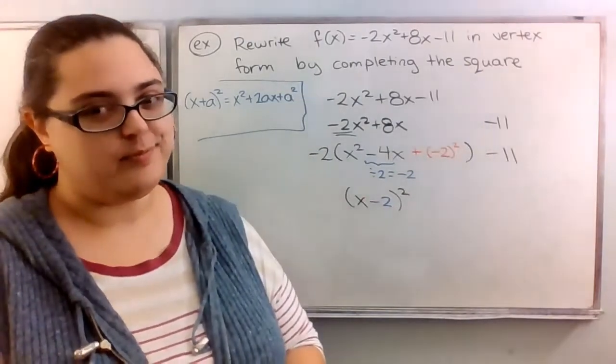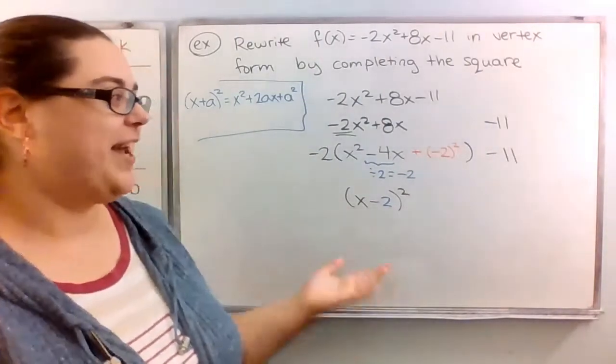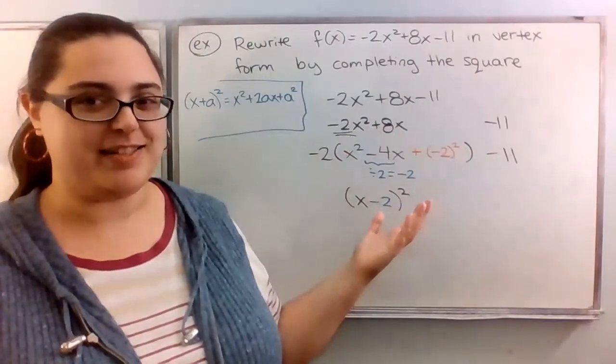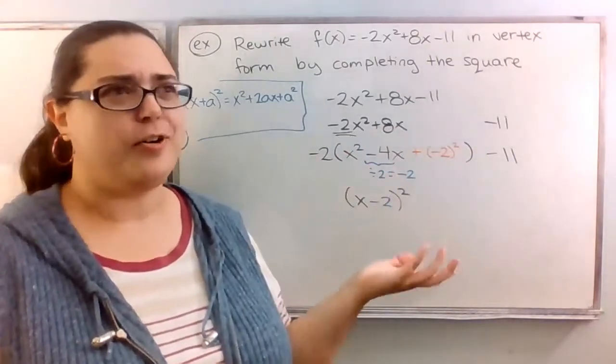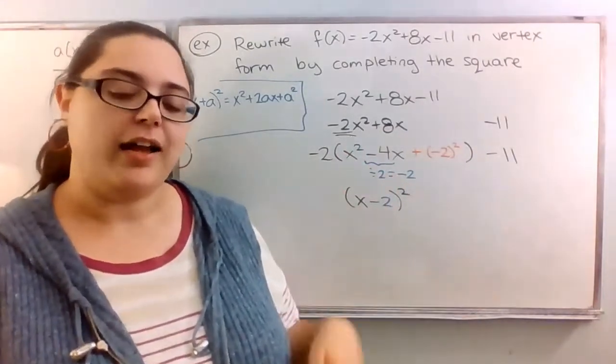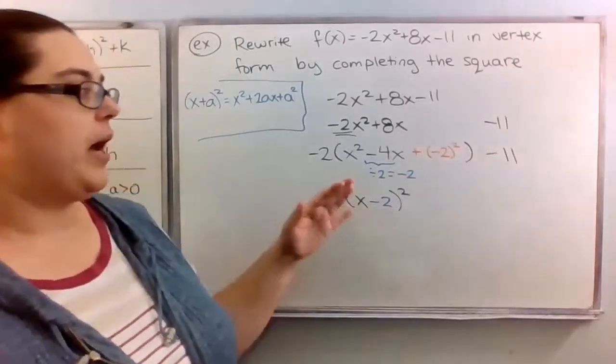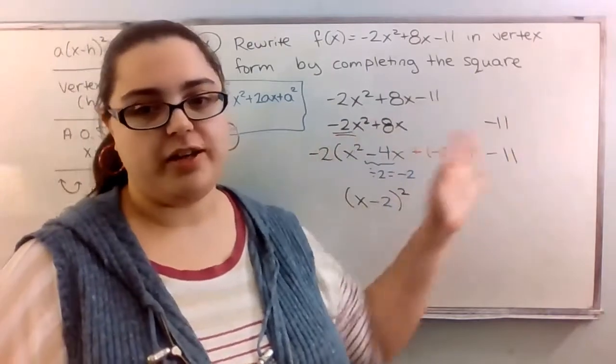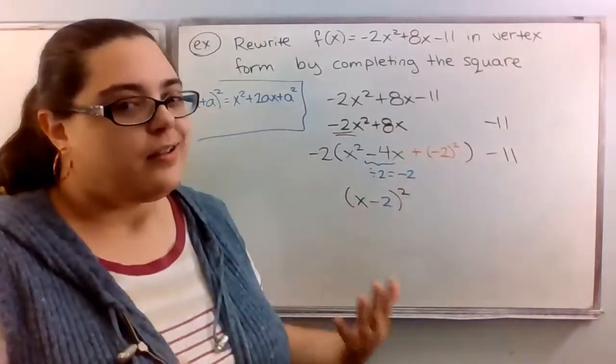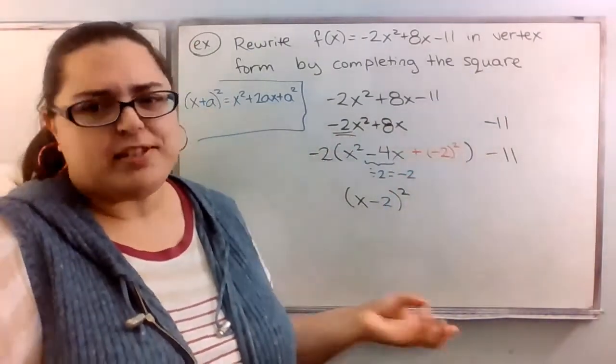Now, you know that you can't just add things to something and say, oh, it's all equal. No, you have to maintain balance. And if you've used completing the square in the past, you may have done that by adding the same amount to both sides of an equal sign. The problem is here, we don't have both sides of an equal sign.